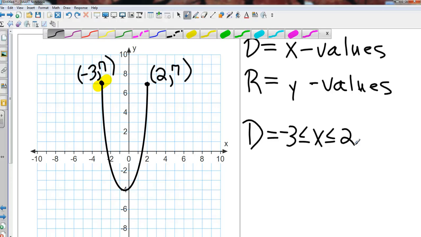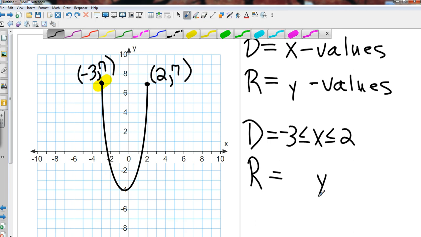All right? So now let's look at the range values. Let's look at the vertical axis. What is as high as it goes? 7. What's as low as it goes? Negative 4. How do I write that as an inequality? Be careful this time because it's y values. Okay?